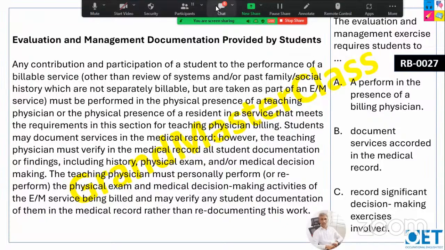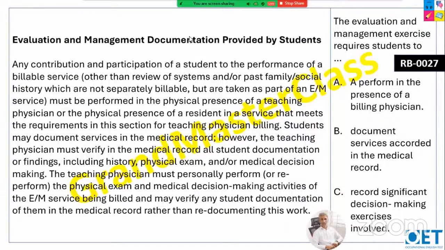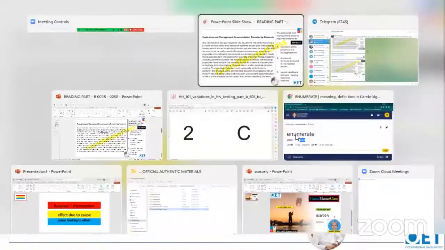So 6 students have given the answer. Very good. Good participation. Wonderful. So now let us check the answer. The choices of answers are C, B, A, C, A, C. So 3 C's, 2 A's and 1 B. Now let us check the answer.